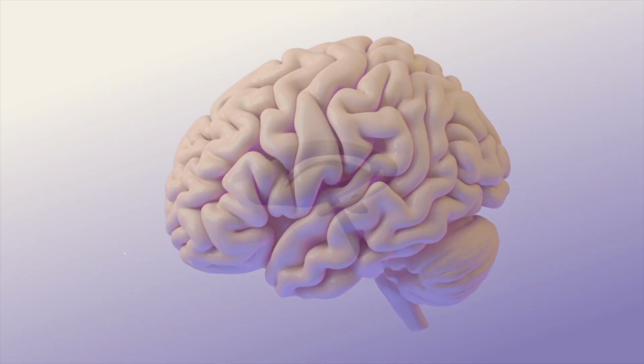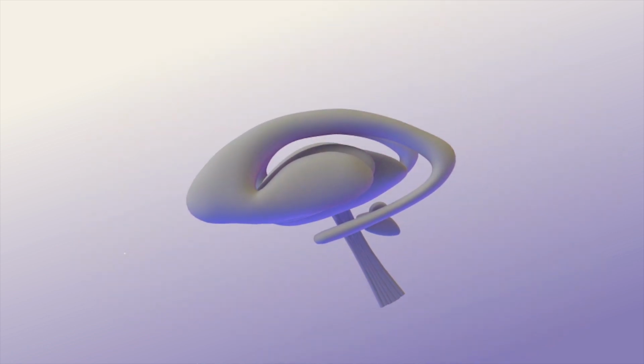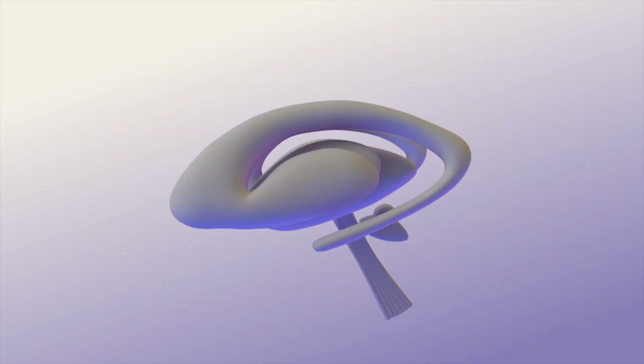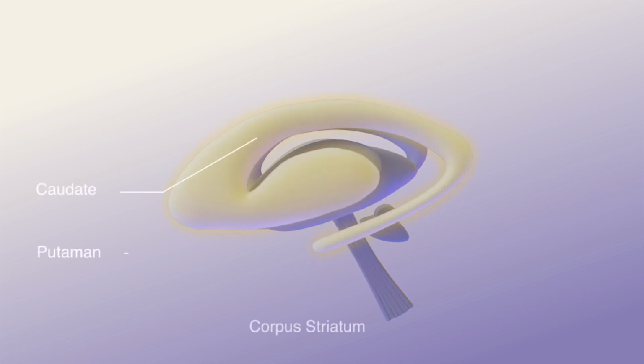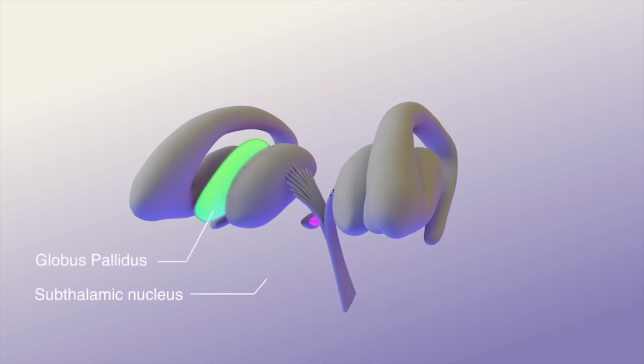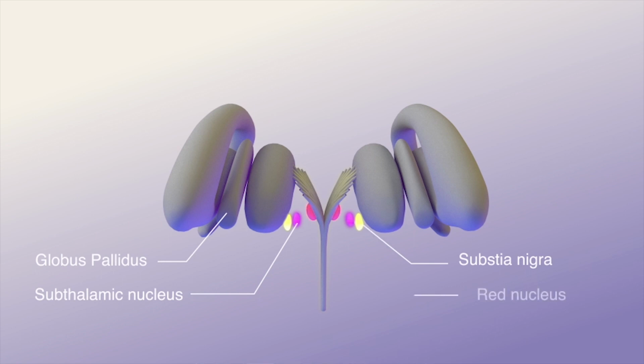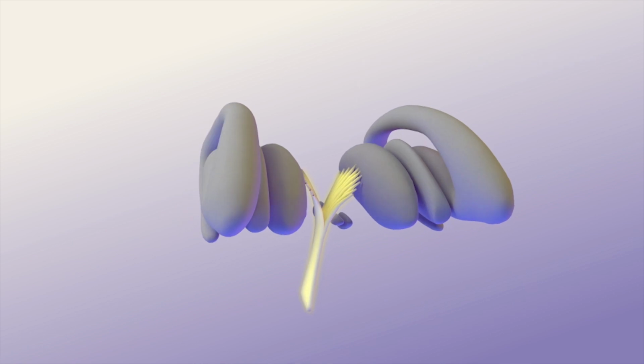That was the cerebellar loop. Now let's talk about the basal ganglia loop. The basal ganglia are a set of subcortical gray matter structures developmentally older than the corticospinal system, which includes the corpus striatum, which includes the caudate and the putamen, the globus pallidus, the subthalamic nucleus, the substantia nigra, as well as the red nucleus and reticular formation in the brainstem.